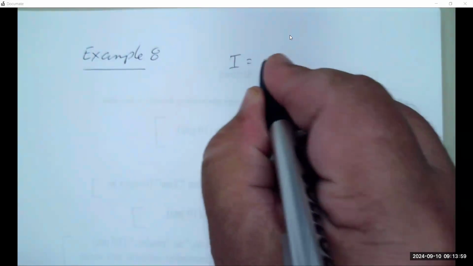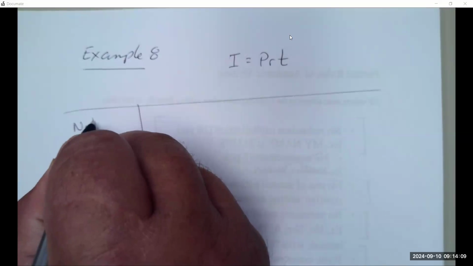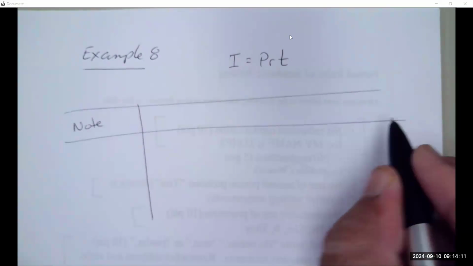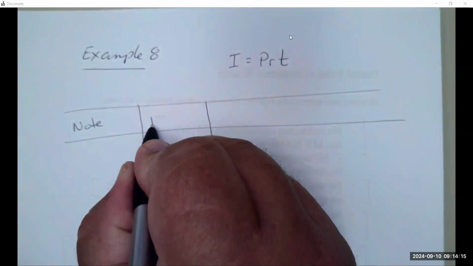This is example 8. Remember, we have the interest, which is principal times rate times time. So our table, this is the note. The principal.